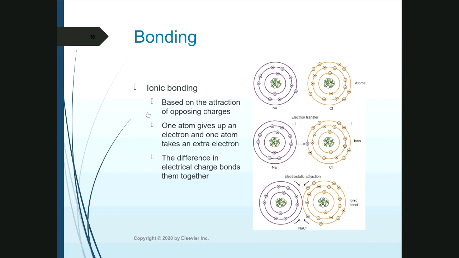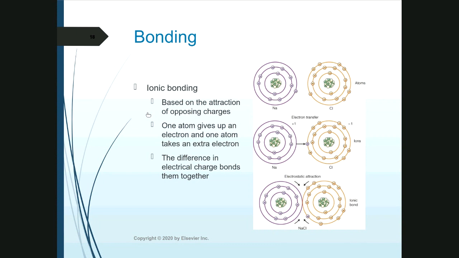And an atom that gains an electron, meaning now it has one more electron than proton, would have an overall negative charge, called an anion, or it could be called a negative ion. But a negative ion is called an anion. So when you have an ionic bond, one of the atoms gives up an electron and the other one takes the electron.